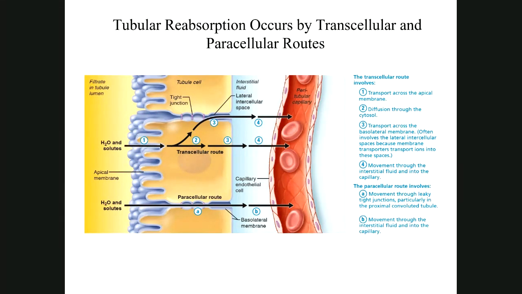So this paracellular route led to the movement of water, calcium, magnesium, potassium, some sodium, mostly in the PCT, in the proximal tubules, because those tight junctions are leaky.